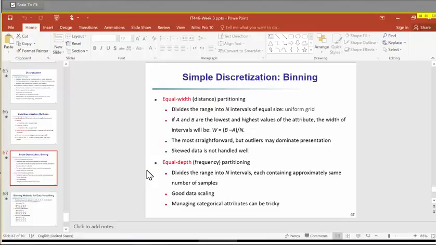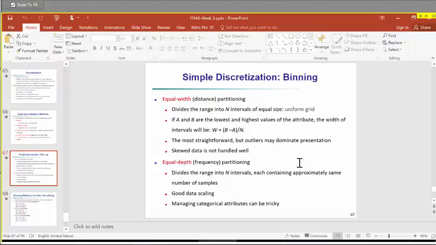If A and B are the lowest and highest values of the attribute, then the width of the interval will be given by this equation. It's very easy and more straightforward, but outliers may dominate the presentation. Skewed data is also not handled very well.